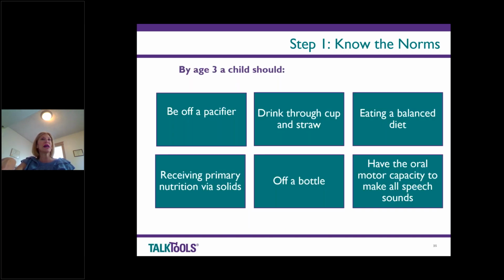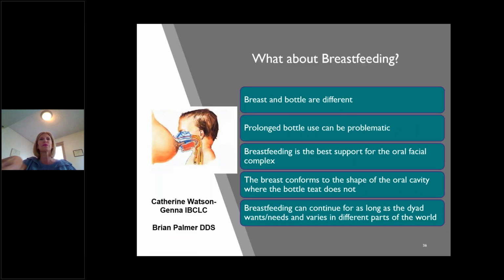So by the age of 3, a child should definitely be off the pacifier, drinking through a cup and straw, eating a balanced diet, receiving primary nutrition through solids, and off of a bottle. I mean, this should have happened no later than 13 to 15 months, and have the oral motor capacity to make all speech sounds. So yes, this means if you have a 3-year-old that has a terrible lisp, you probably want to look at oral motor skills because something is probably wrong.